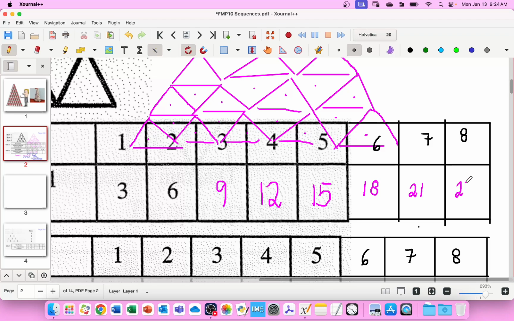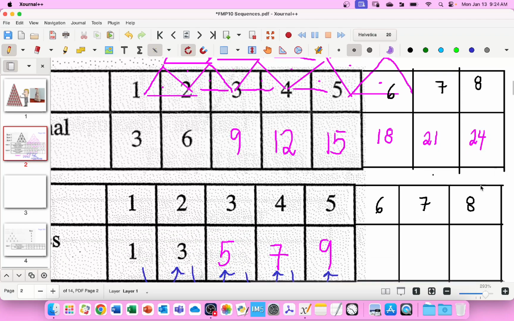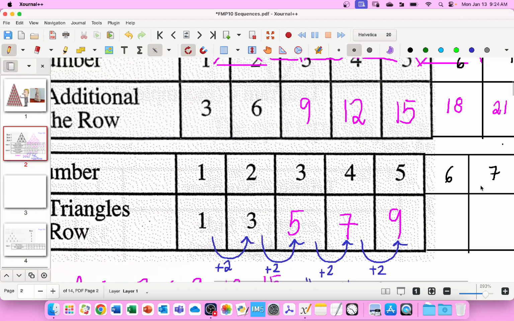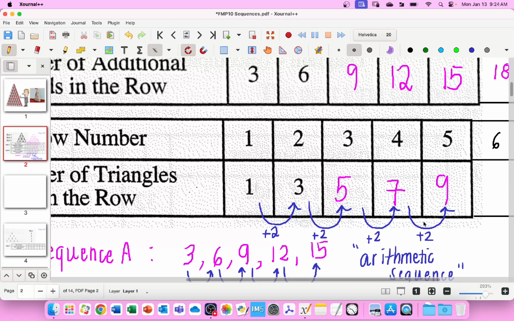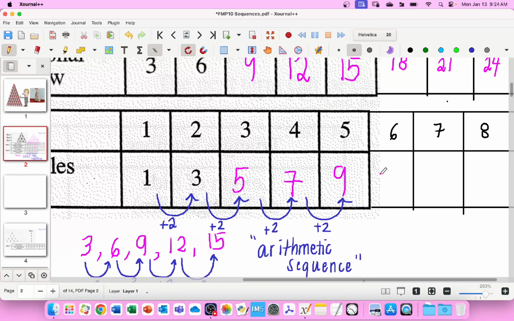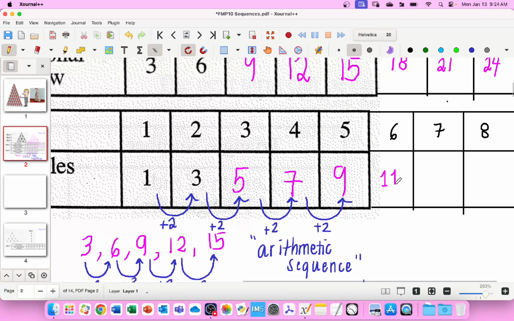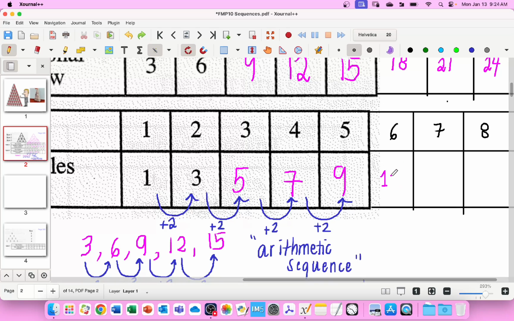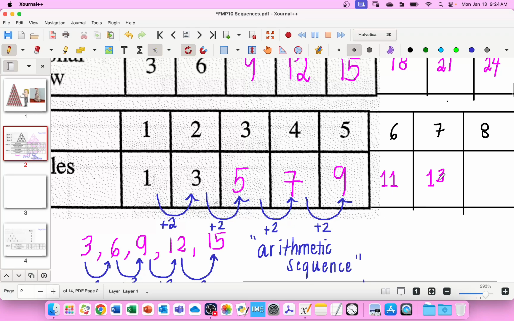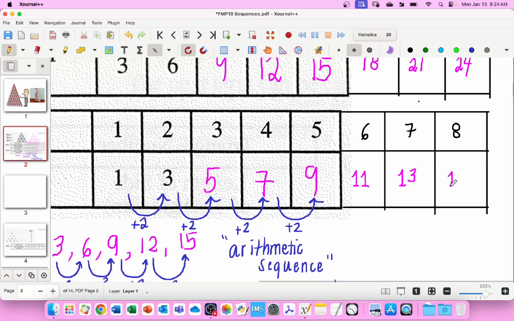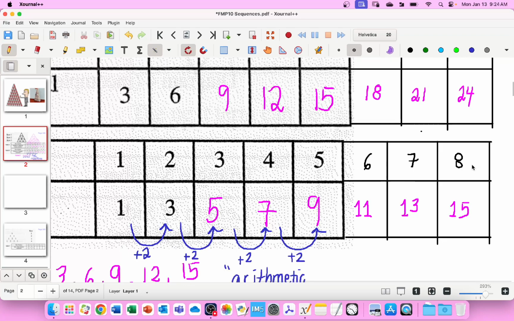Row 8 has to have 24 new cards added. Down here, we're increasing by 2 every time, so I know that there's going to be 11 triangles in the next row. I know there's going to be 13 triangles in the next row. I know there's going to be 15 triangles in the next row. So that's literally how that works.